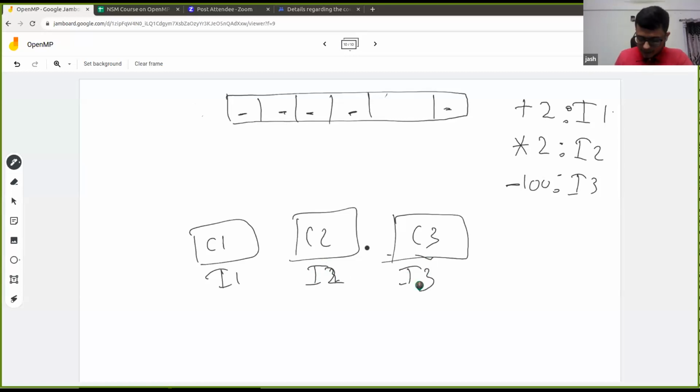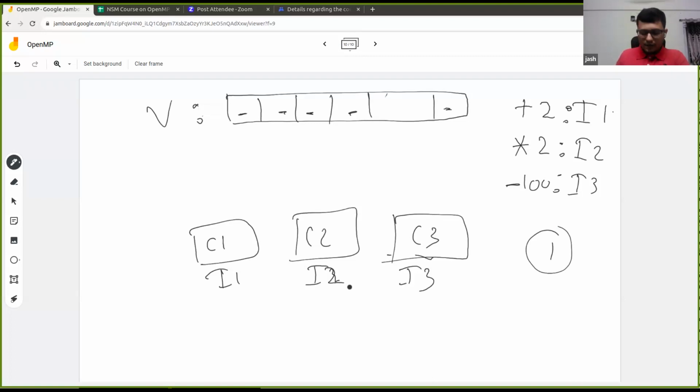So this is task level parallelism. Here we are dividing the task, and each core independently will perform that instruction on that vector. So this is one way in which you can divide your tasks to get parallelism.